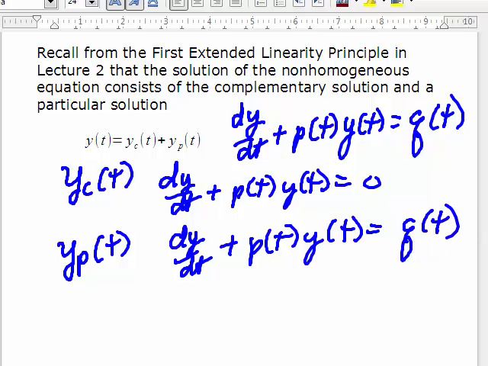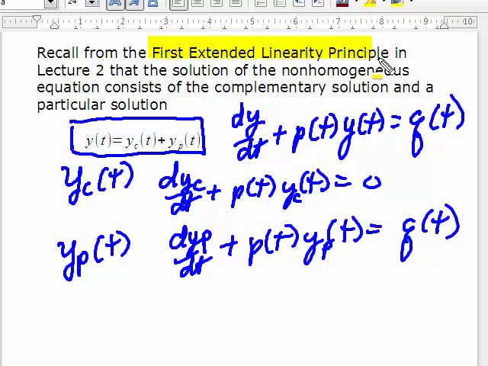The particular one solves when q of t is intact. When q of t is set to 0, then the solution is the complementary solution, and you can add those two together and get a solution for the differential equation. And that is the first extended linearity principle for non-homogeneous equations.